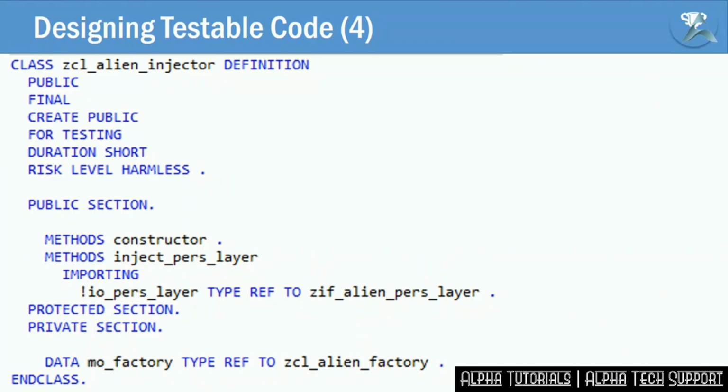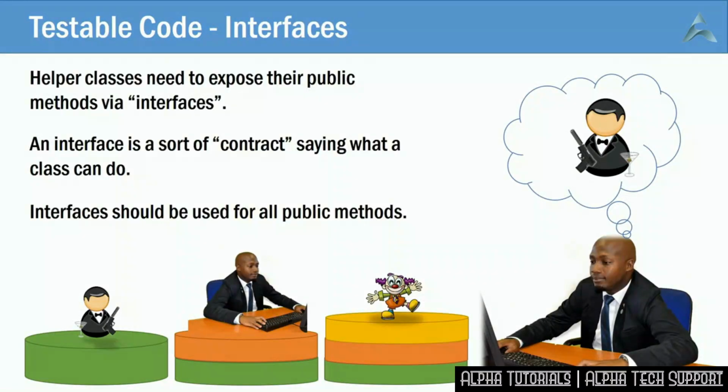We need to talk a little bit about interfaces at this point. As we have seen, the helper classes are all defined via an interface. An interface is a really, really difficult concept to get your head round. You might have heard me say that the testable code is solid.